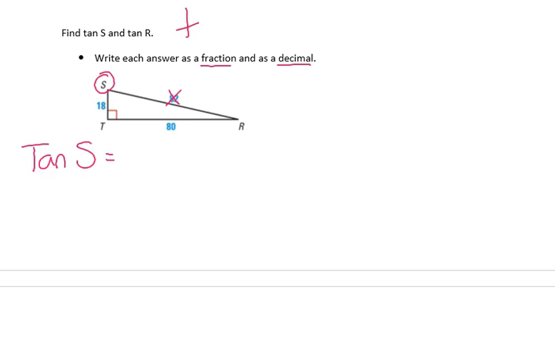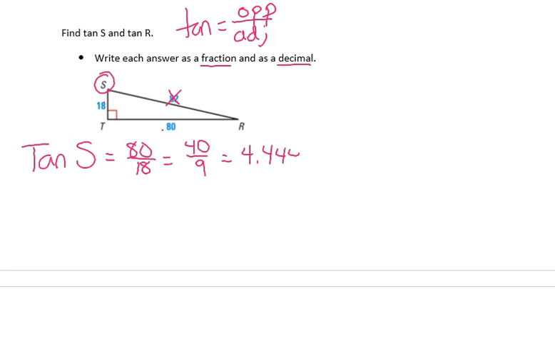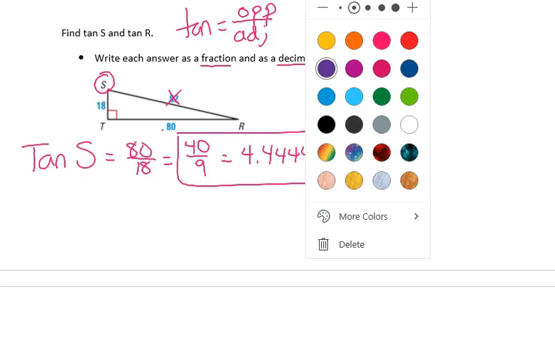So don't forget that the tangent is the opposite over the adjacent. So from S, opposite that is 80, and adjacent to that is 18. So that reduces to 40 over 9, so there's my fraction. And then my decimal, I just divide those. Now in this section you are going to do 4 decimal places. So that's my tangent of S.